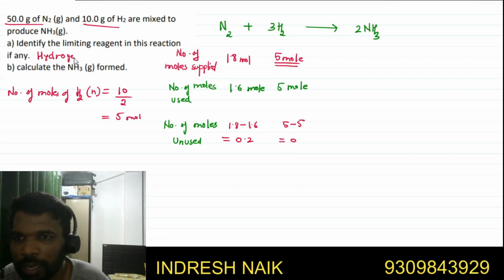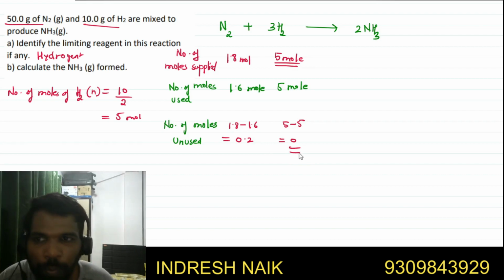How do I understand that? Because it is something which is getting completely consumed. Calculate the amount of NH3 formed. From the standard relation, we said at the beginning that the limiting reagent is the one which will control the yield of the product, right? So here I'm considering this relation.